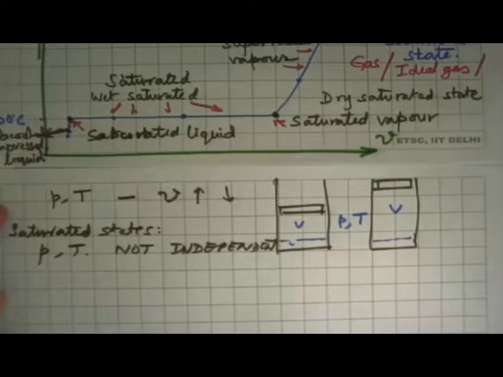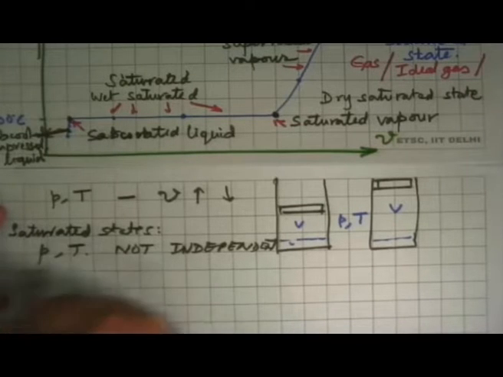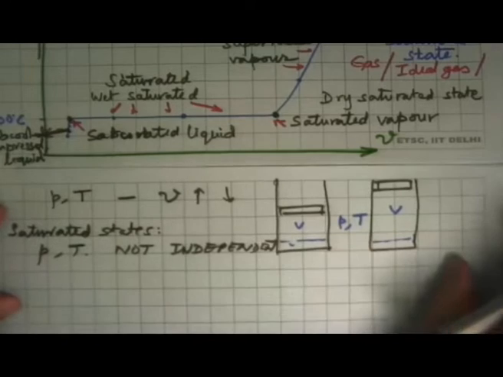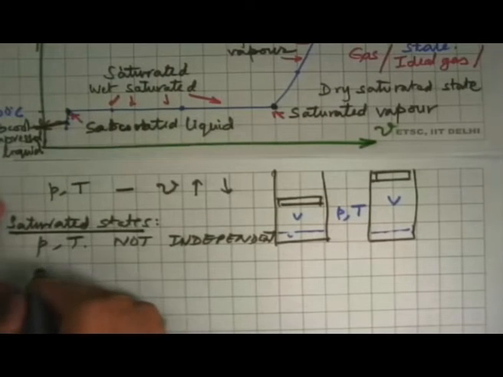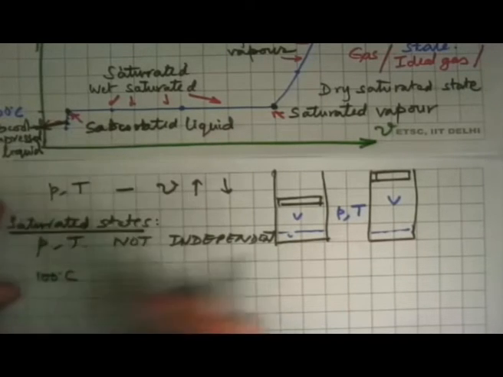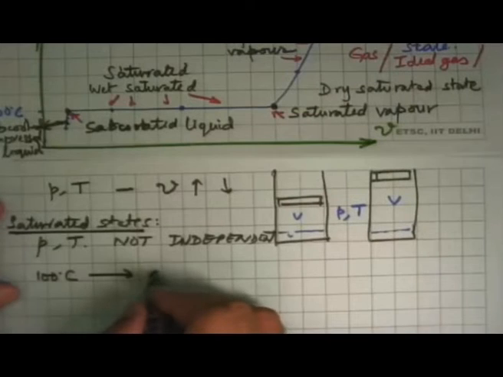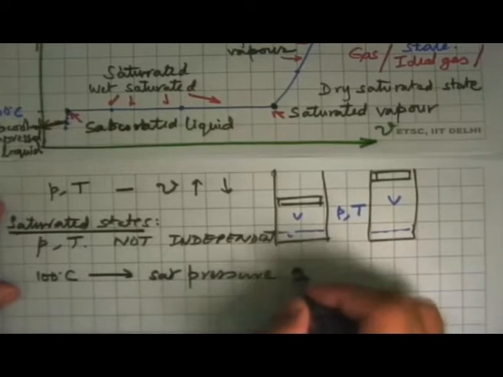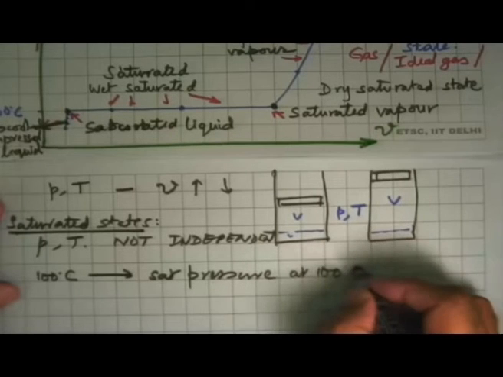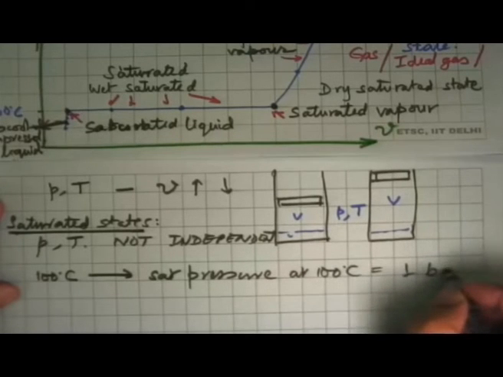There is a one-to-one correlation between pressure and temperature, but that's only in the saturated state. That means if you ask, well, what is the temperature? Say, 100 degrees Celsius. Then we can look up data that is already there and say, look, the saturation pressure at 100 degrees C is 1 bar.